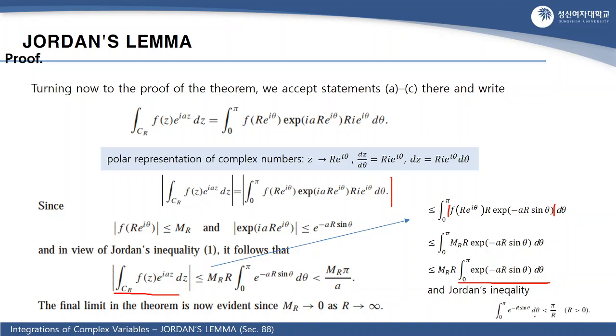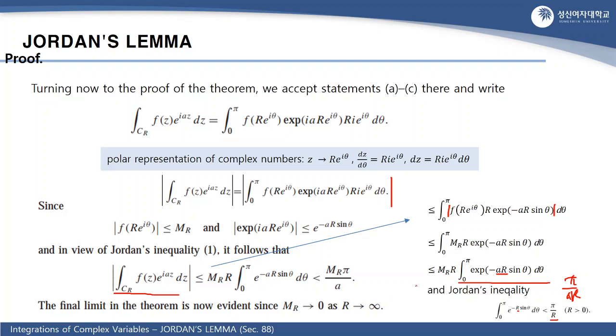Because this is less than or equal to pi over capital R. But in this case, we use AR for variable R in Jordan's inequality here. So pi over AR we get for our case.